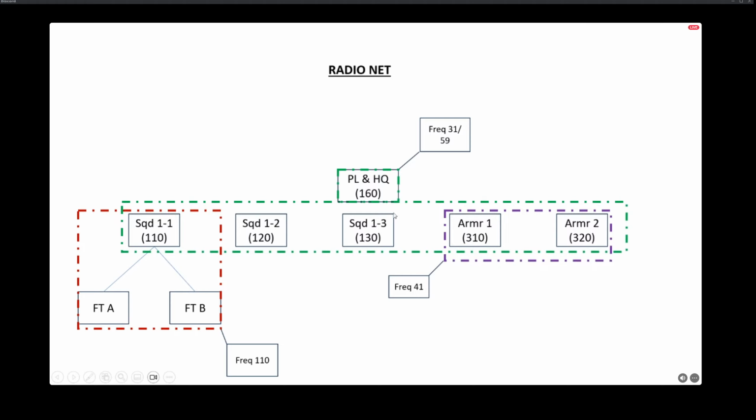Similarly, if the platoon leader has to share something with the squad leaders, he would use the platoon net. The green outline that you see denotes the platoon net, and who needs to be on it: all the squads, of course, and any attached elements with the platoon. Keep in mind, attached elements with the platoon and not the platoon headquarters.